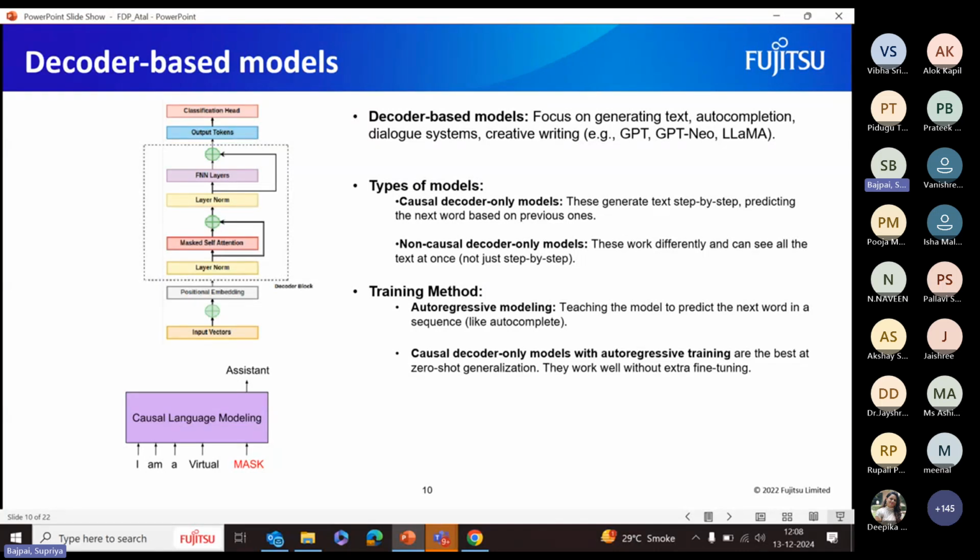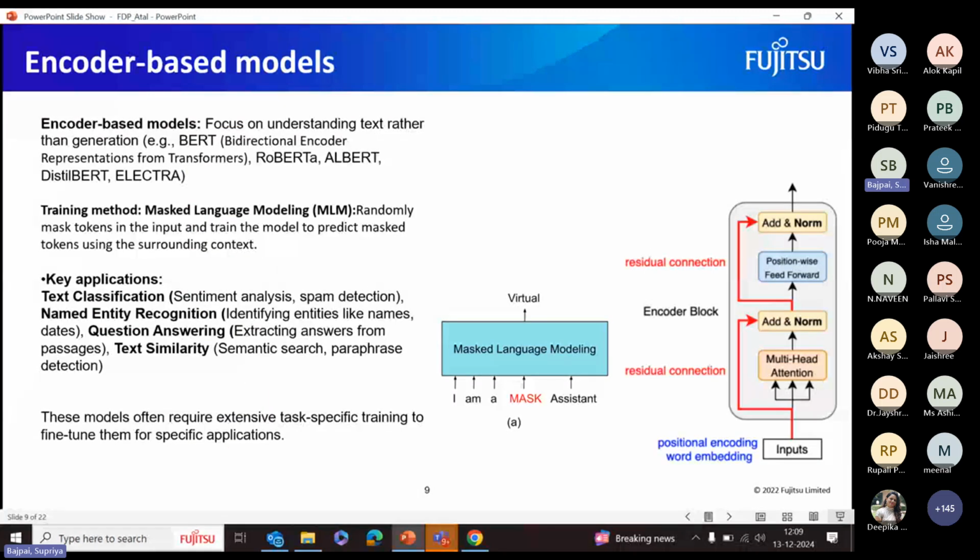One important and good thing about these causal decoder based models with autoregressive training is that they are really good at zero shot generalization. This means they can perform very well on new tasks or inputs without needing additional fine tuning. For example, earlier, these models required a large amount of fine tuning.